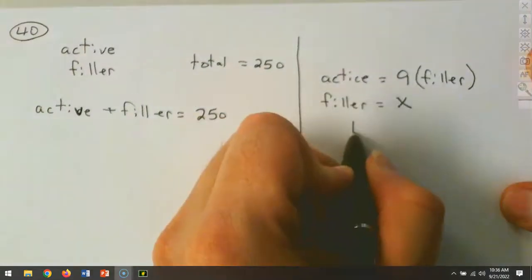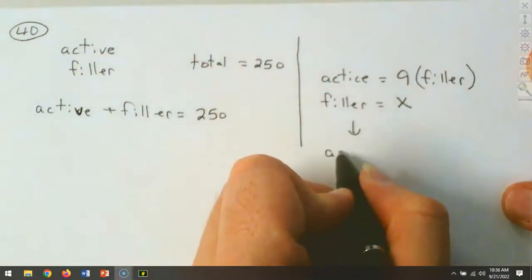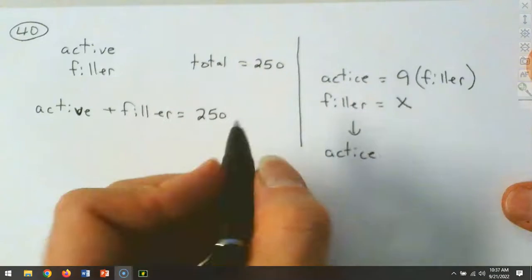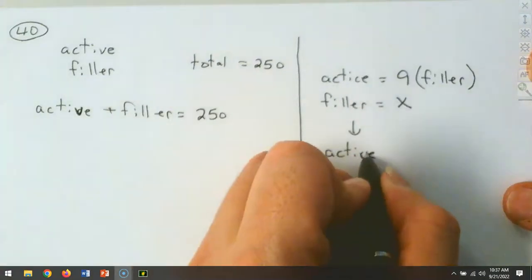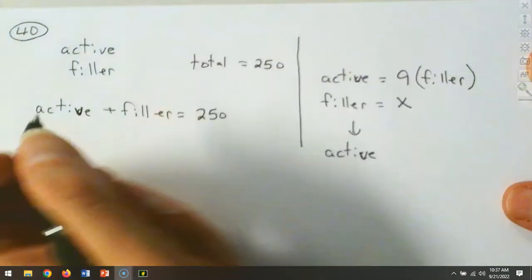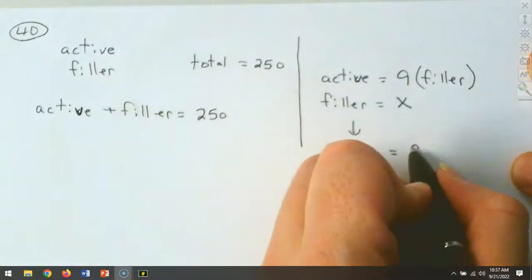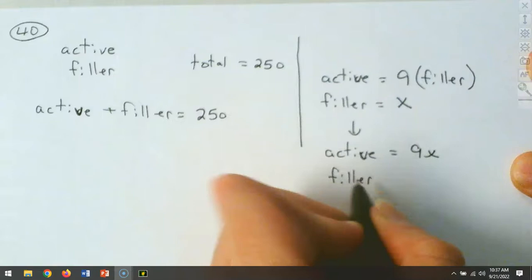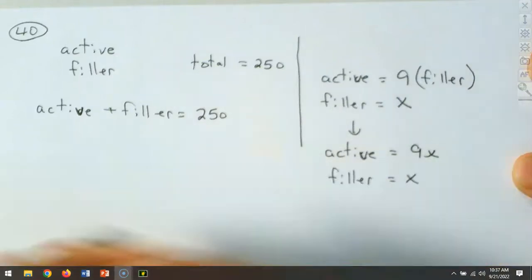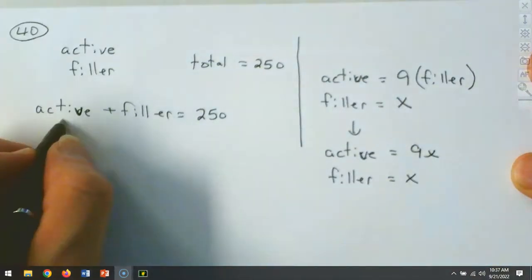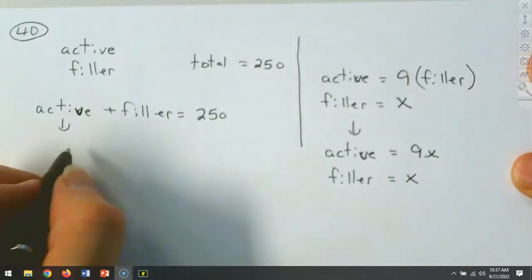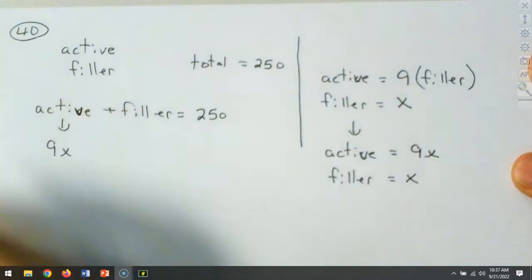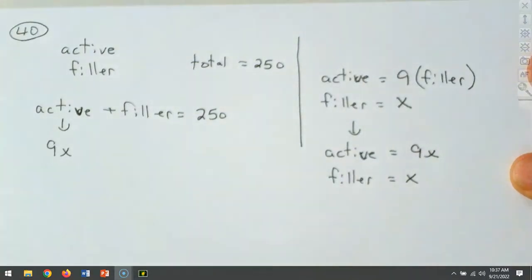Now when we fill this in, our active is now going to be 9x, and our filler, the inert ingredients, is still x. So now we fill it in. The active ingredient is 9 times as much, so that's 9x.